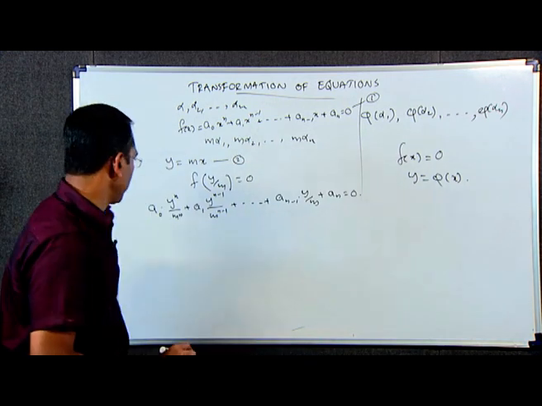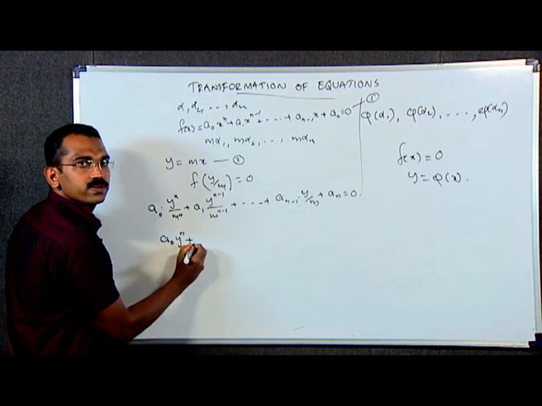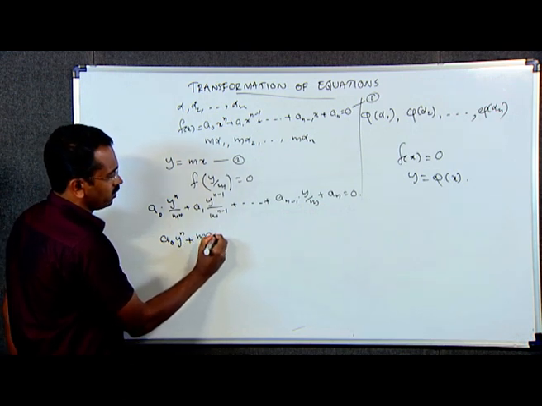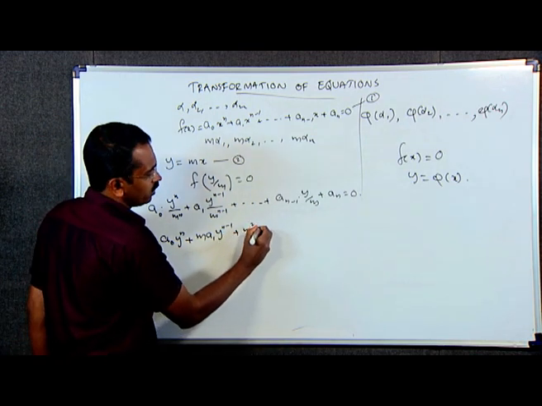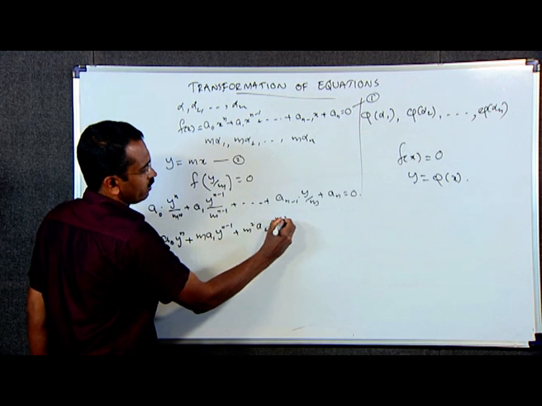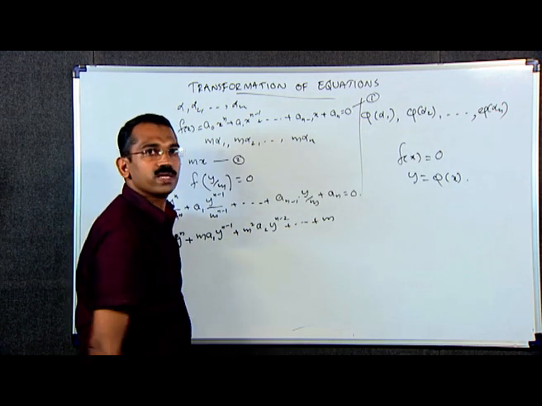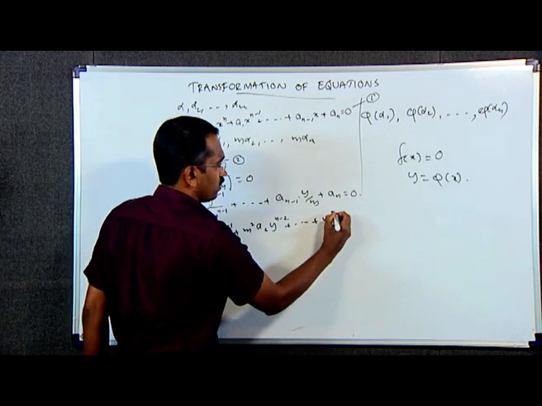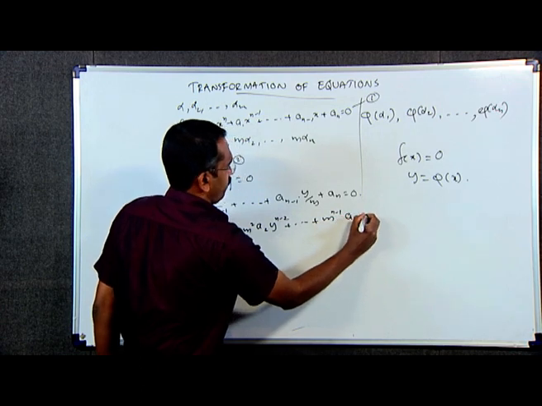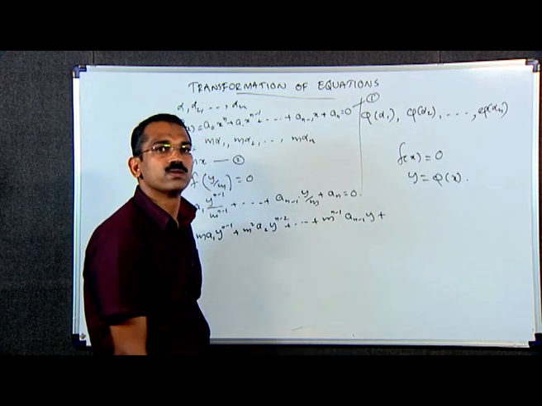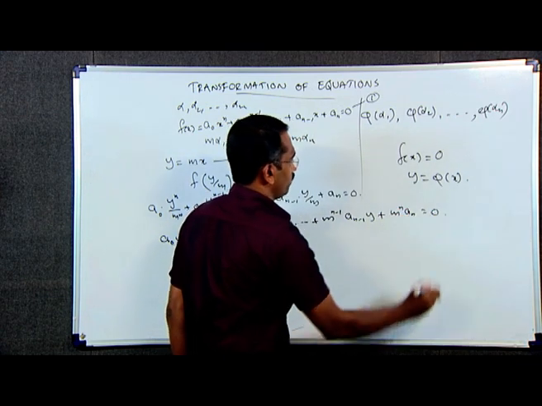That is, multiplying all the terms by m raised to n, we get a naught y raised to n plus m into a1 y raised to n minus 1 plus m square into a2 y raised to n minus 2 plus etc. plus m raised to n minus 1 into a n minus 1 y plus m raised to n a n is equal to 0.